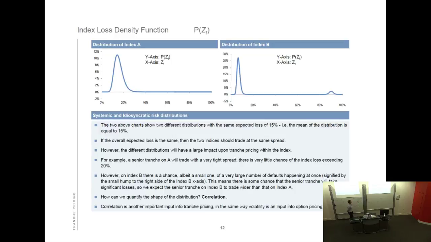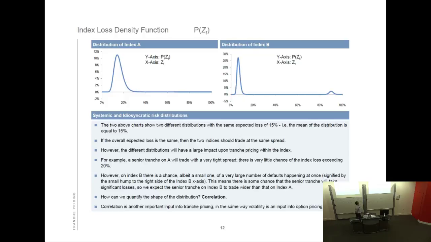So correlation is in a way the single parameter we want to use and think of intuitively to price our tranches. And so portfolio A could be the outcome of a distribution with fairly low correlations.